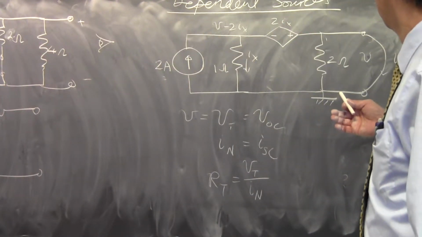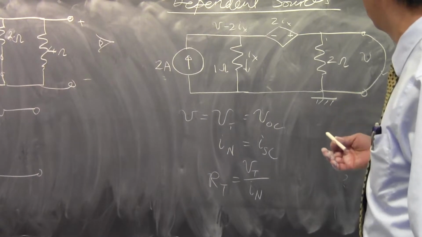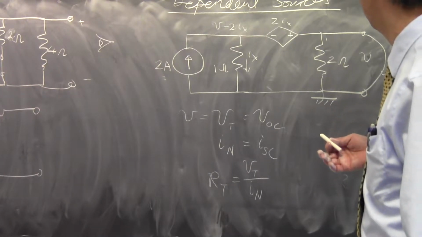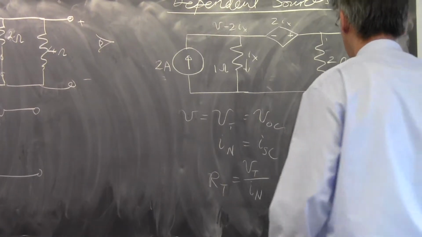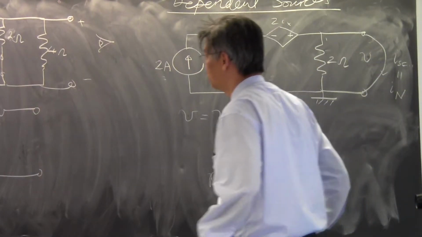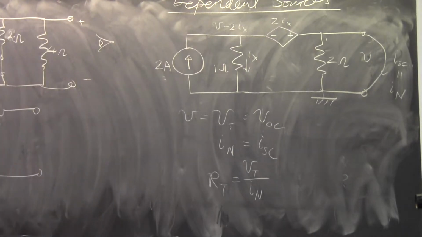Okay? And then, after having done this, there's also the source suppression method. Source suppression method means that you turn off the sources in that circuit. But unfortunately, if you turn off the sources, nothing happens.